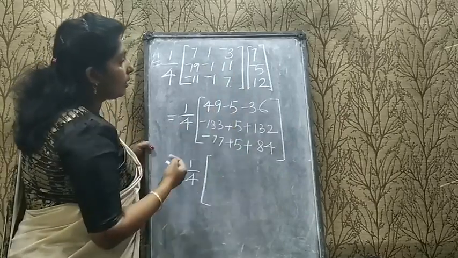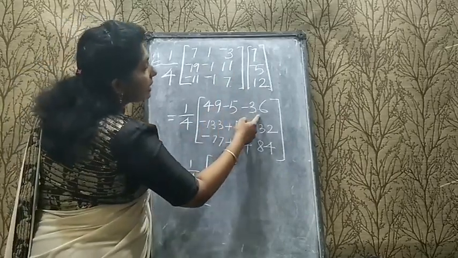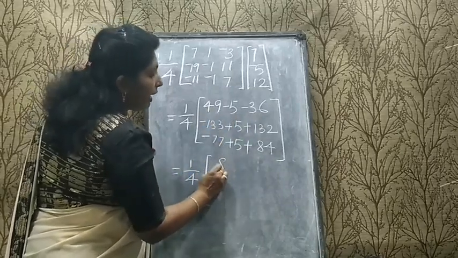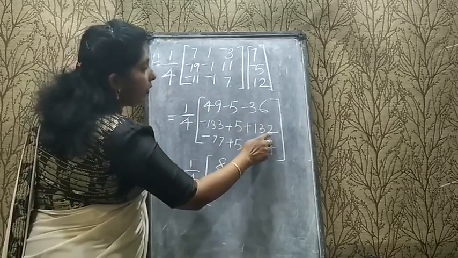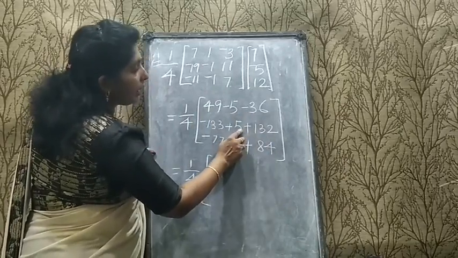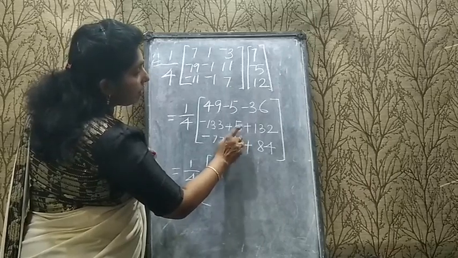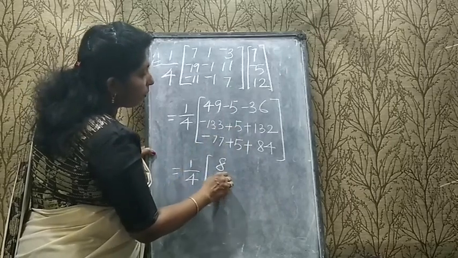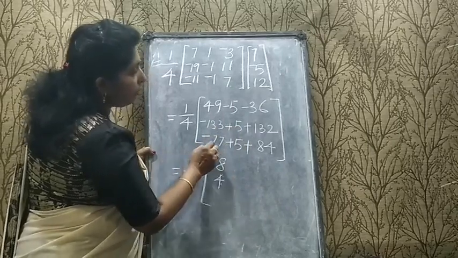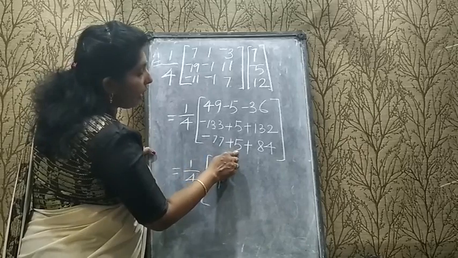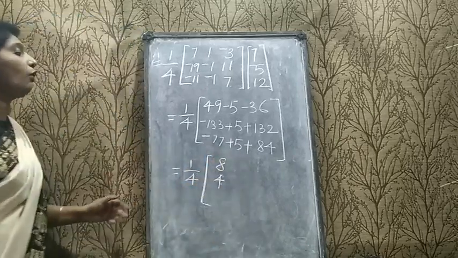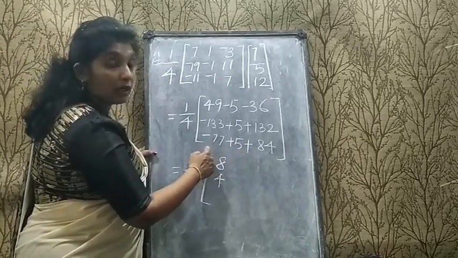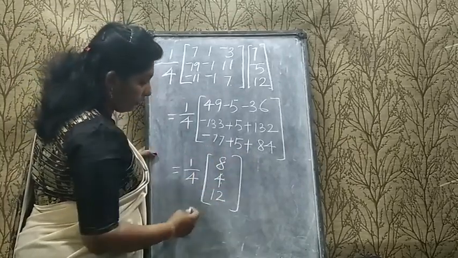While solving, minus 36 minus 5 will be minus 41, 49 minus 41, 8. Here 132 plus 5 will be 137, minus 133, that will be 4. Now here minus 77 plus 5 plus 84, 89 minus 77, that is equal to 12.